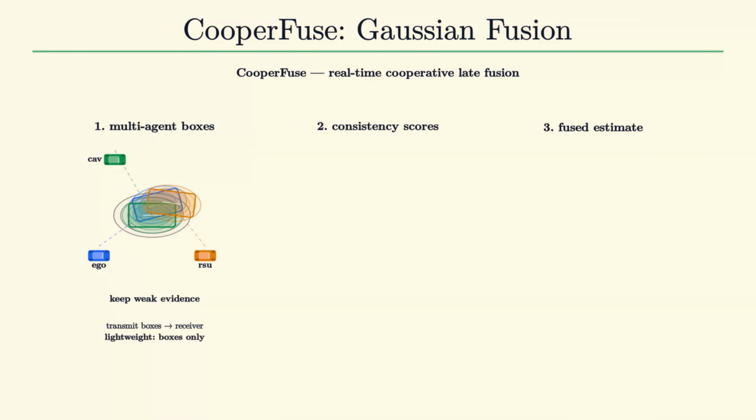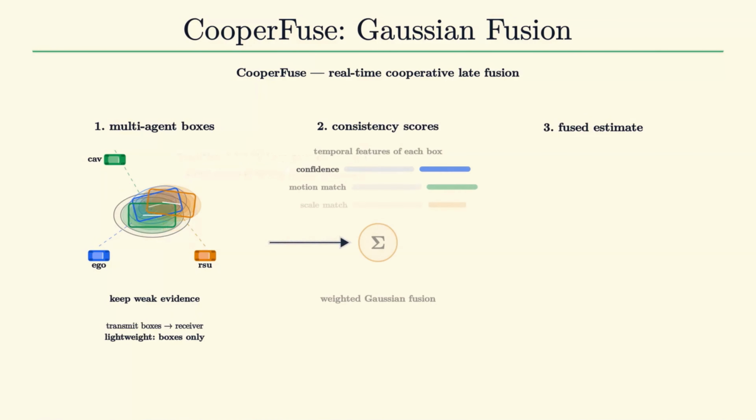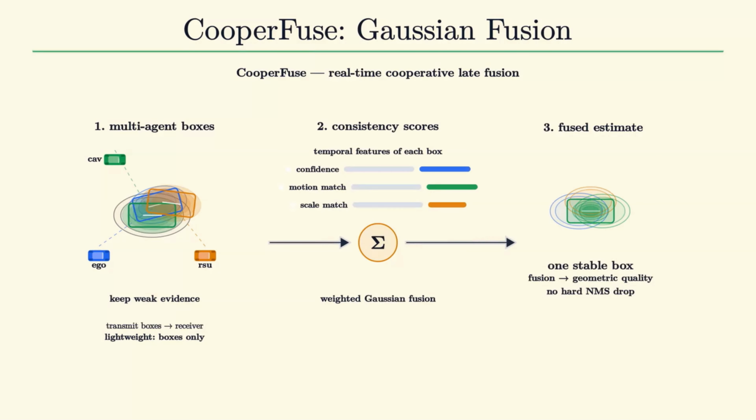It is lightweight. The challenge in late fusion is deciding which bounding box to keep. Traditional NMS simply keeps the box with the highest detection confidence score, but confidence says nothing about the physical properties of the detection. CooperFuse fuses using the temporal features of each bounding box. Temporal feature fusion captures that geometric quality.